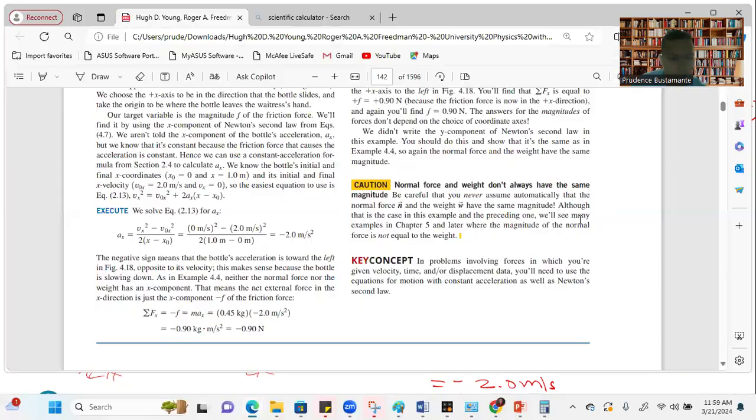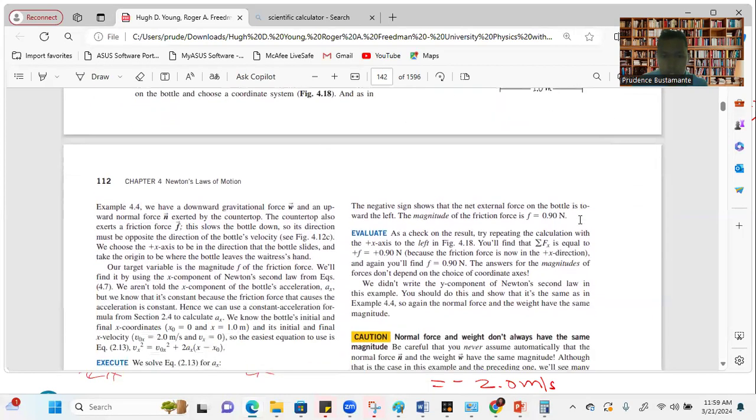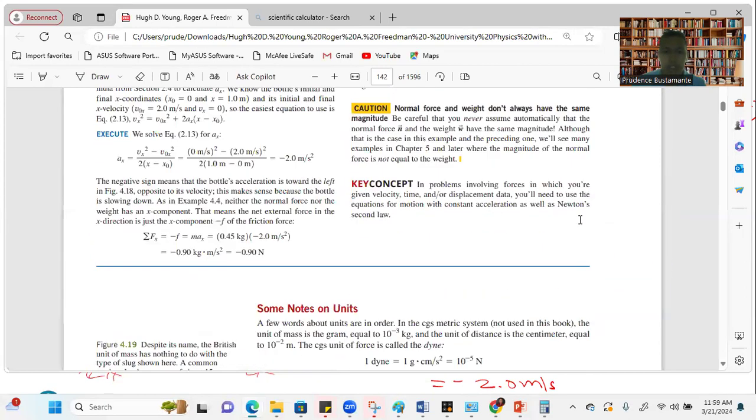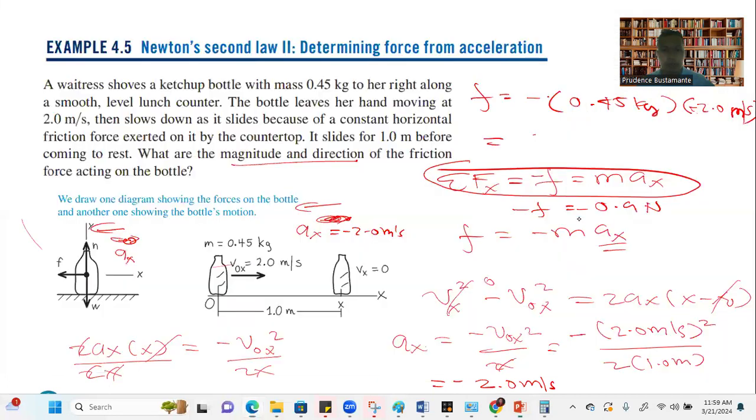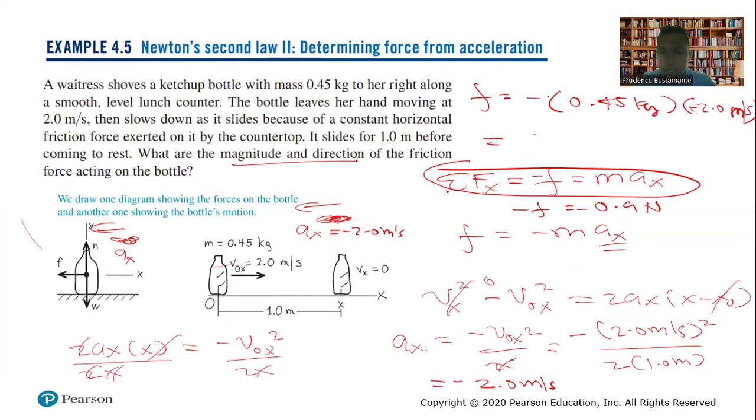How did they deal with this? The negative sign shows that the net external force is to the left, and then the magnitude of the friction is given. So this is how they do it. Let's skip this one.